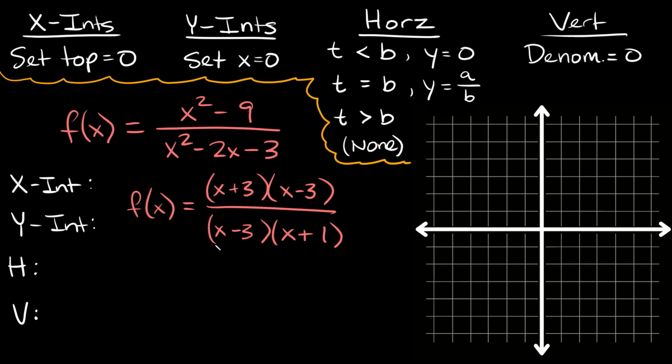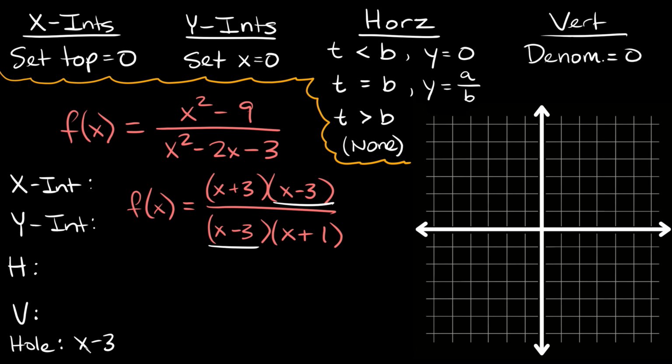Okay, so as you can see, we have the same factor on the bottom as we do the top. So whenever you have the same factor on the top and the bottom, there's actually a hole at this specific location. Okay, so here we're going to add an extra little line item. So we have a hole at x minus 3, right? X minus 3 is on the top and the bottom. So x minus 3.